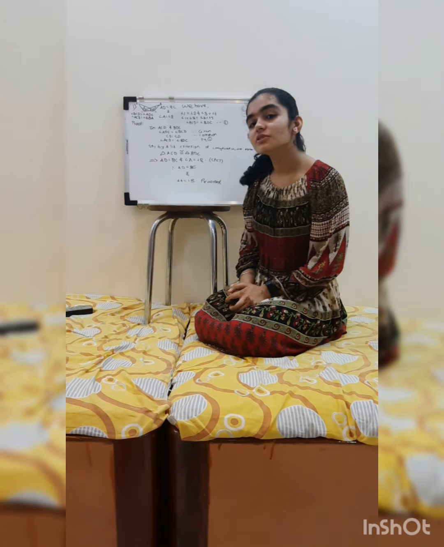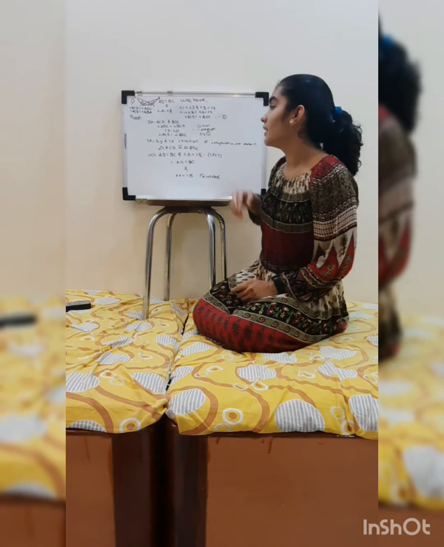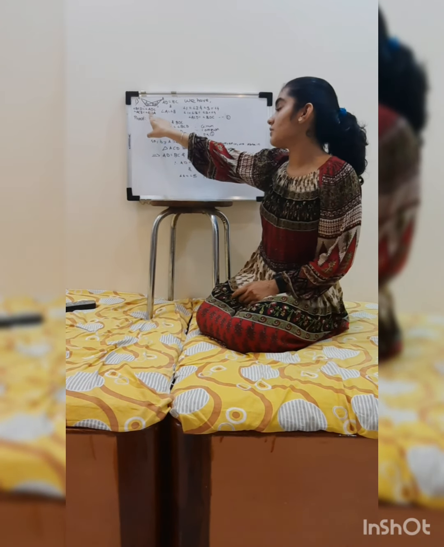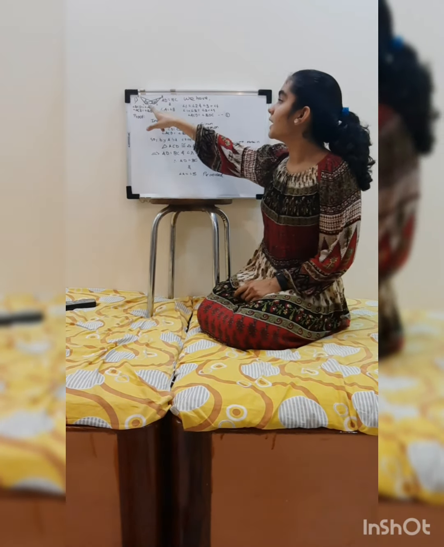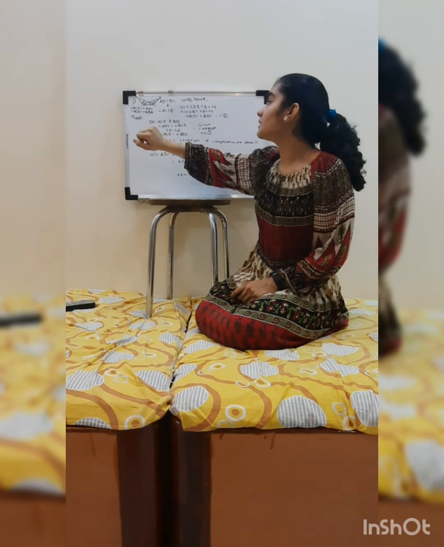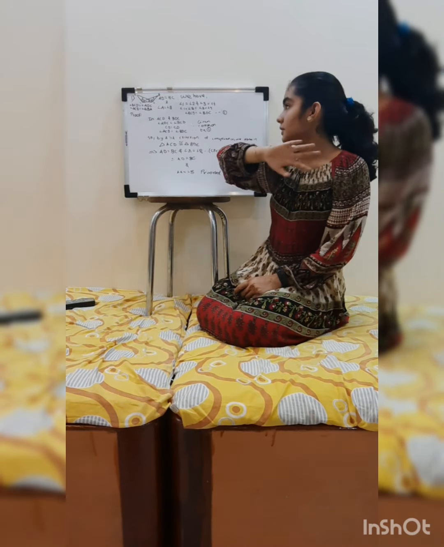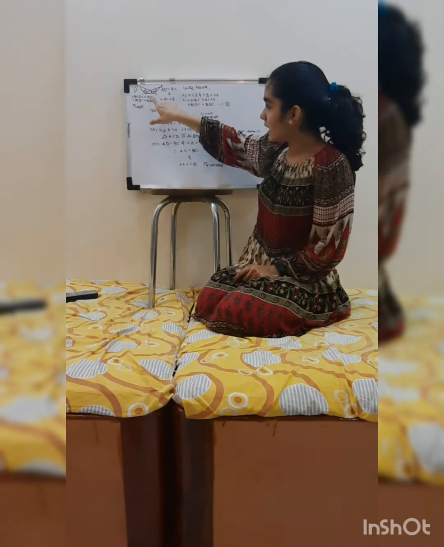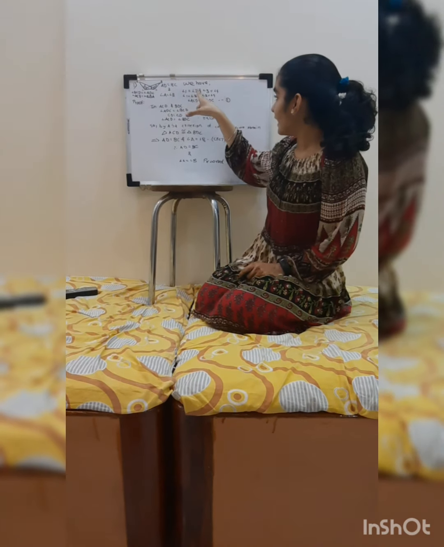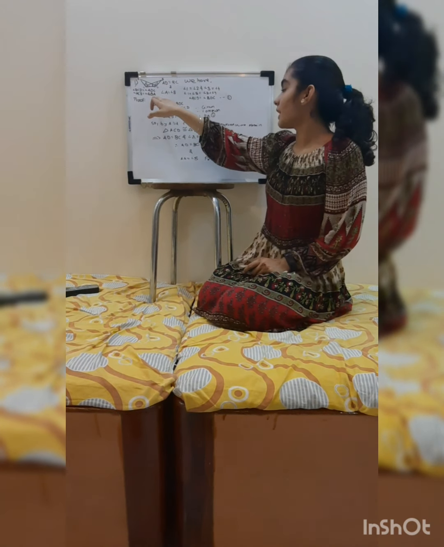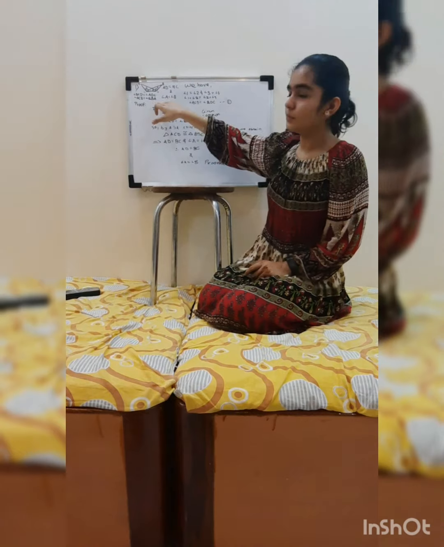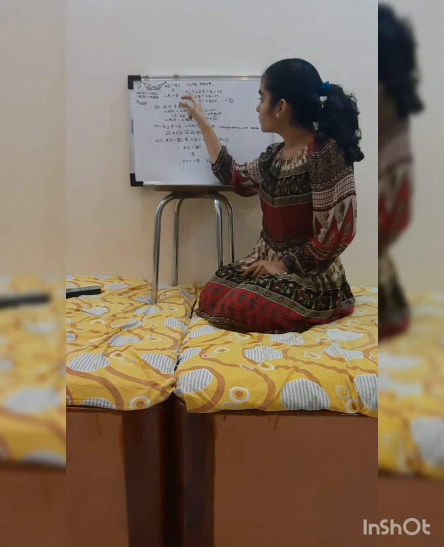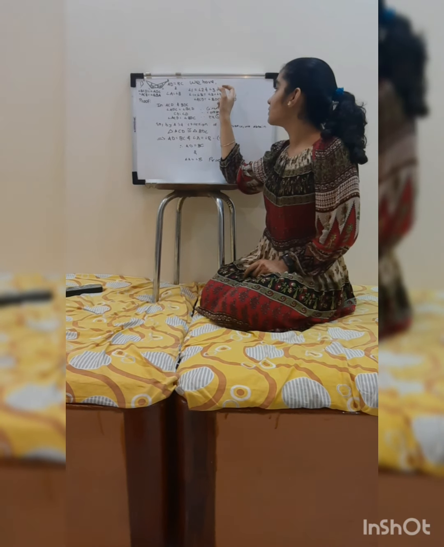As per our first question of criteria ASA, angle BCD equals angle ADC and angle ACB equals angle BDA, and we have to prove AD equals BC and angle A equals angle B. So we are given that angle 1 equals angle 2 as per this statement, and angle 3 equals angle 4.